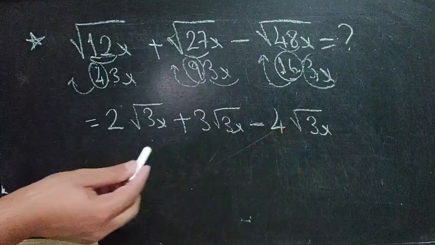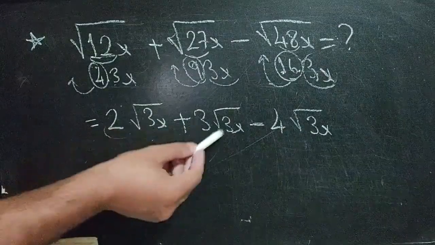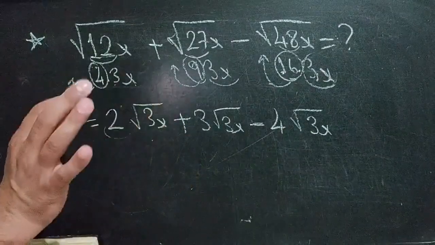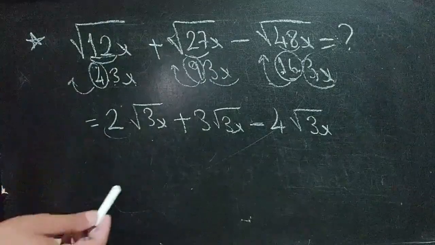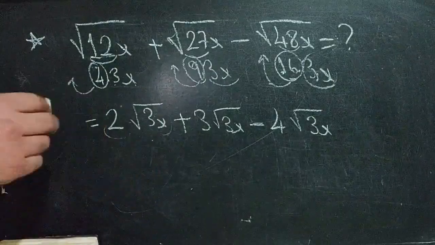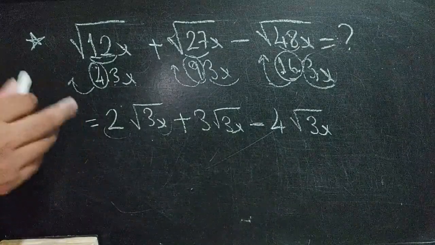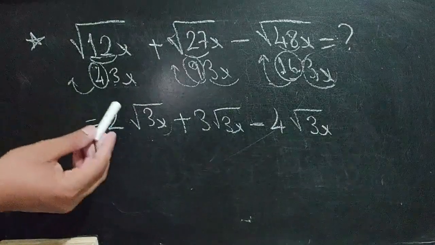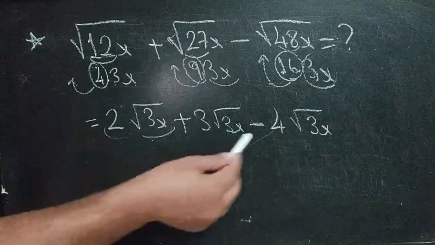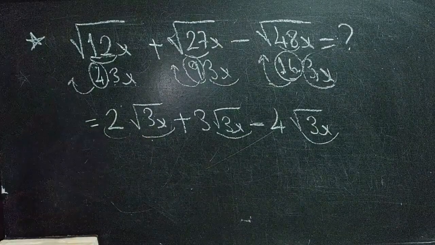So now I will check inside the surds. If they are the same, I will do operation with coefficients. If they are not the same, I will leave them like that, if I'm not using a calculator. And by the way, there is x there already. If you use a calculator even, you're going to get a decimal number times square root x again. All right, so now I have the same numbers. I don't need to use a calculator.